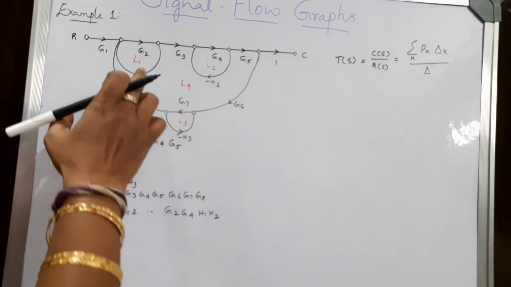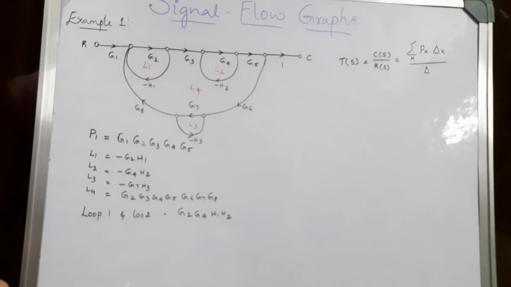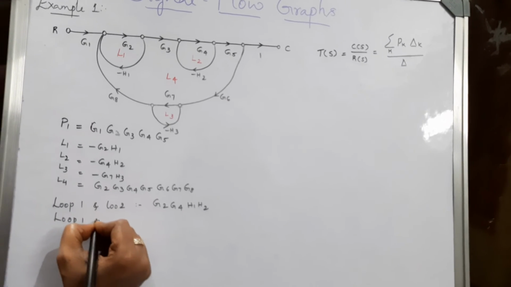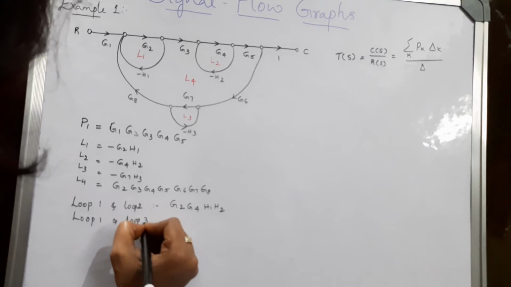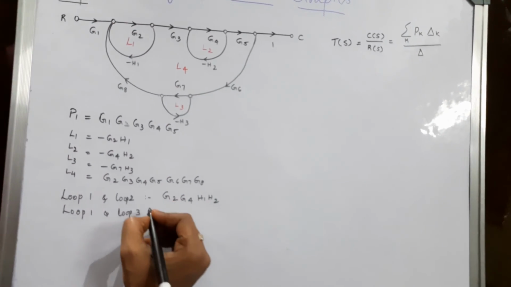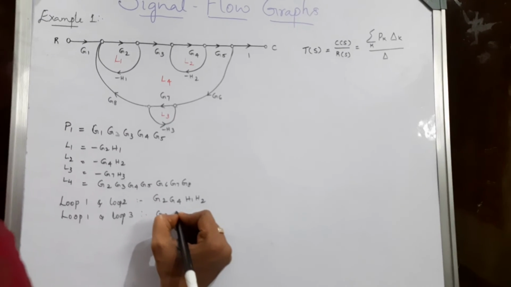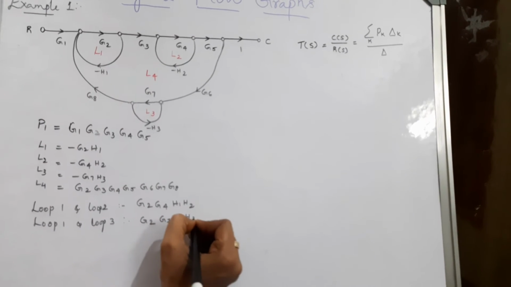Now let's see another combination. L1 and L3 are not touching to each other. So I can consider even this loop. So loop 1 and loop 3 are not touching to each other, so I can consider these two to be the combination. So this is G2, G7, H1, H3.